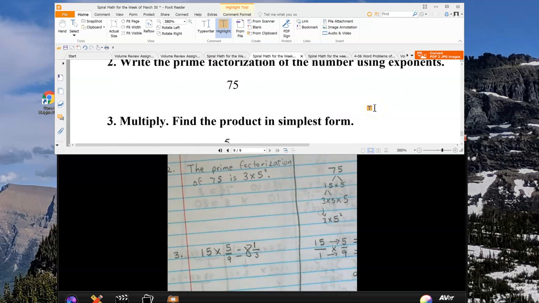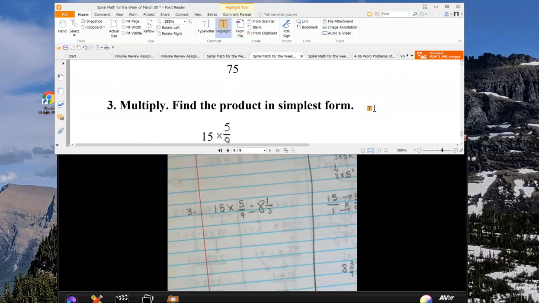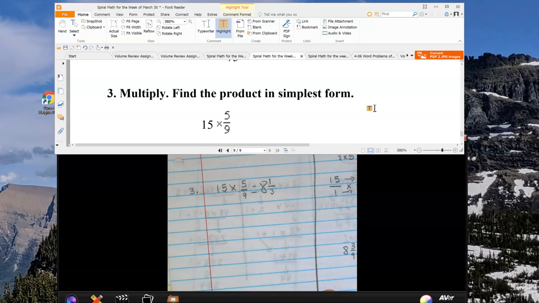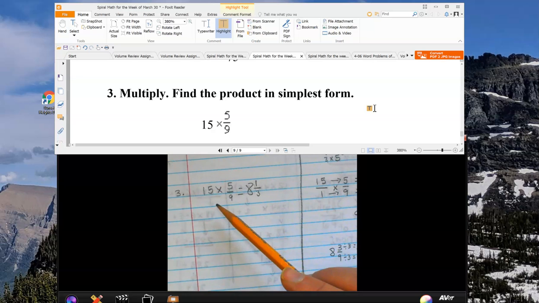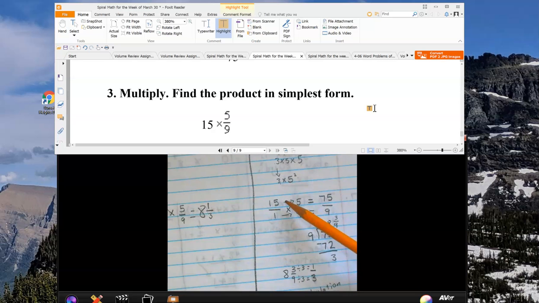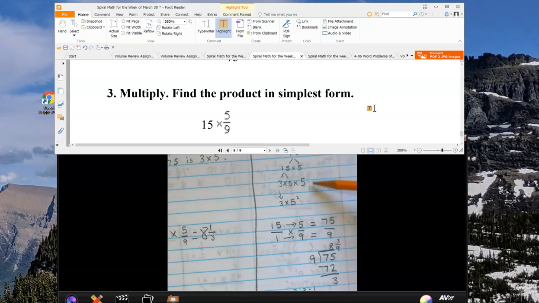Moving on down to number 3, we're going to look at multiplying. We're going to find the product in simplest form. It's important here to remember that we're going to be turning the 15 in 15 multiplied by 5/9 into an improper fraction. So I'm going to take 15 over 1, and multiply 15 times 5. In the other video, I noticed how it's funny that 15 times 5 is also what we were doing up here in the prime factorization of 75.